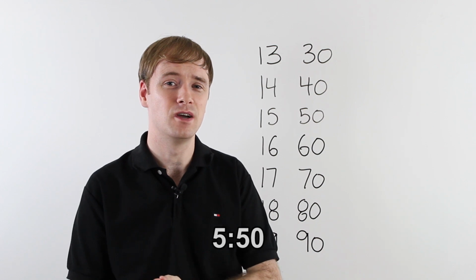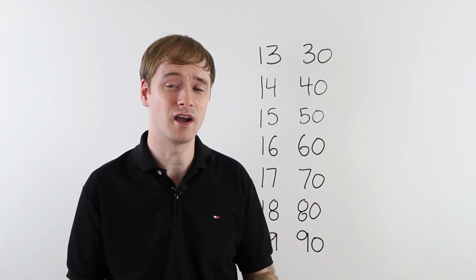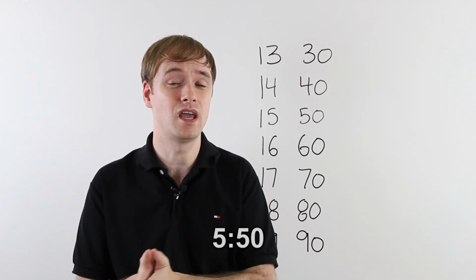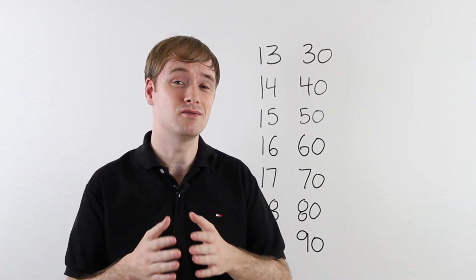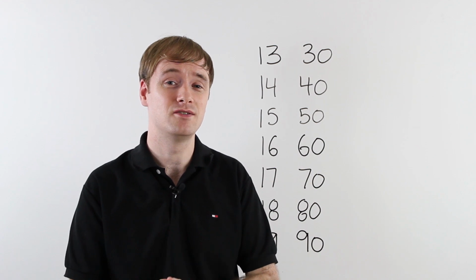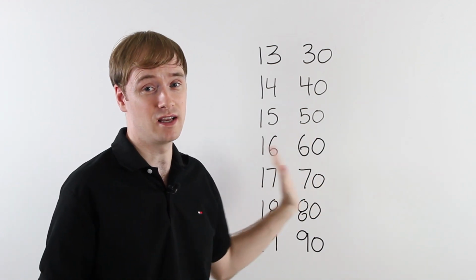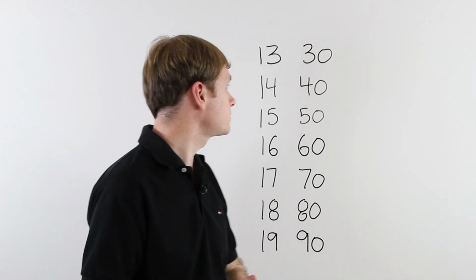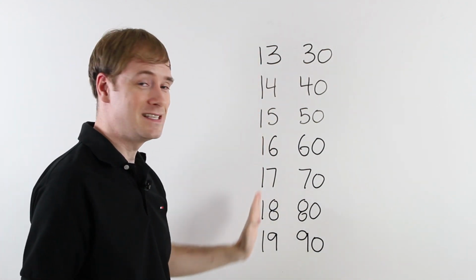Okay, so we were both confused of the time. Well, she was there at 5:15, I was there at 5:50, and we never met. Okay, so it's very important to get the numbers right and don't confuse them. So let's review. Of course, these are the teens.